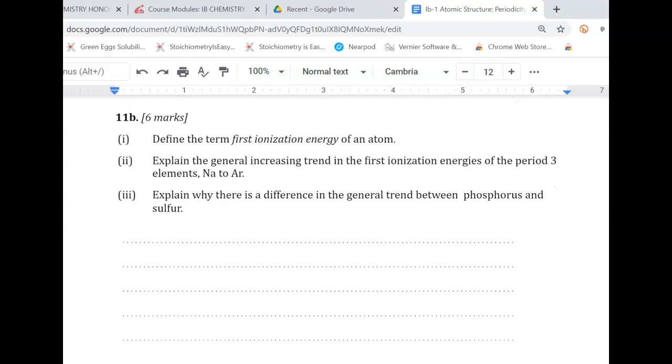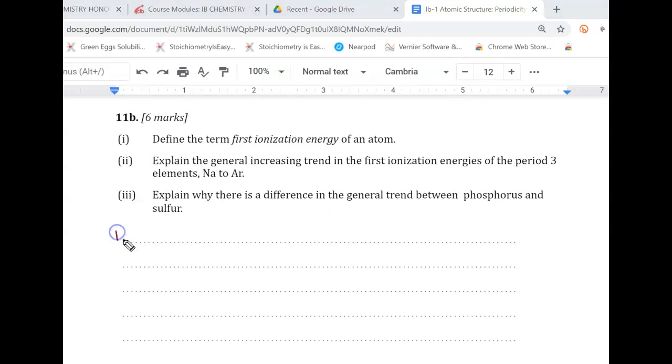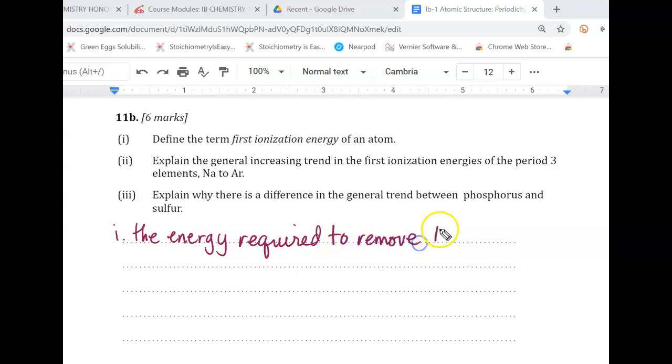The next question was worth 6 points. First, we had to define the term first ionization energy. The formal definition is the energy required to remove 1 mole of electrons from 1 mole of gaseous atoms.